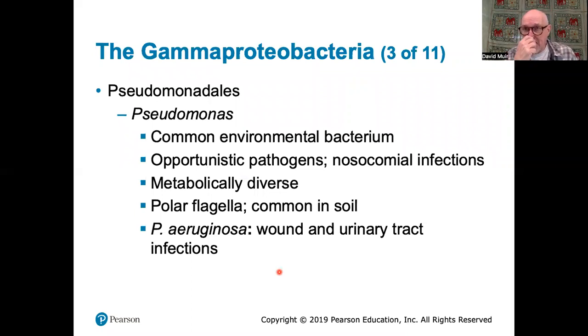No, their main interest, apart from their environmental importance, is the fact that they are also opportunistic pathogens, and they arise most commonly as nosocomial infections, especially in people who are immune compromised or the elderly, and they are absolutely dreaded in burn wards, where they colonize the surface of the skin when it has been badly burned.